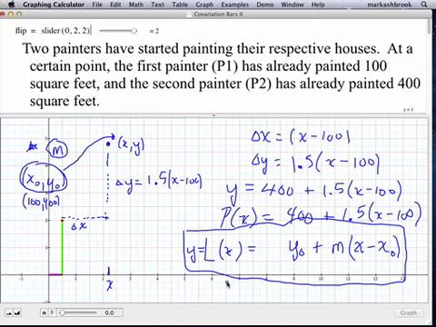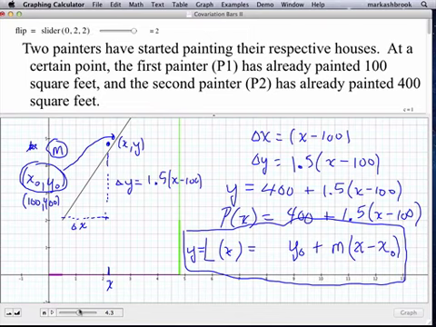The output is how much painter 2 has painted given the input of how much painter 1 has painted. This function produces every single point, all infinitely many points on that line. Plug in how much painter 1 has painted, it spits out how much painter 2 has painted.